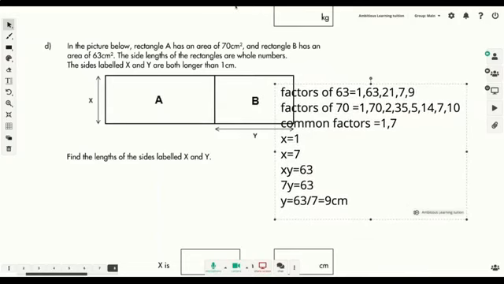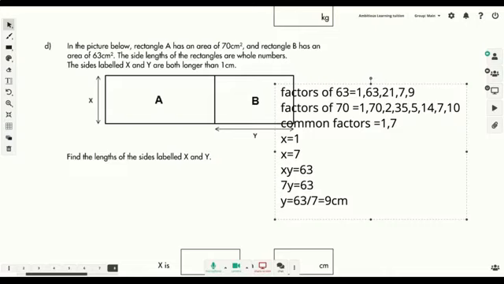What did we do in this one? If you can see, I found the factors of 63, then I found the factors of 70, and then I took the common factors of both of them, which are 1 and 7. So x is 1 or x is 7. It's given to me that xy equals 63. The sides labeled x and y are longer than 1 centimeter.